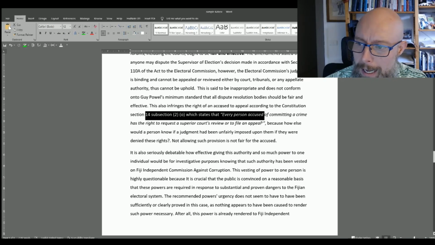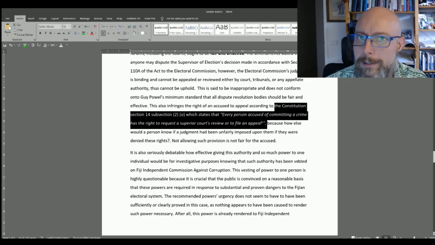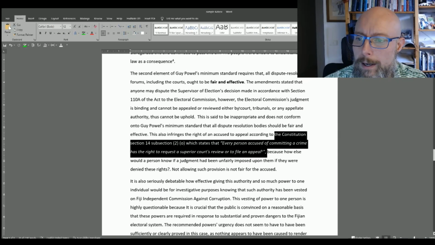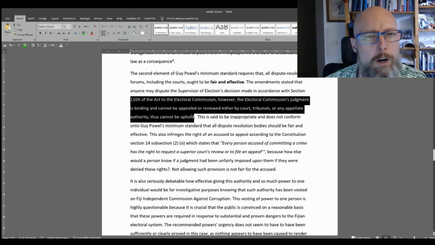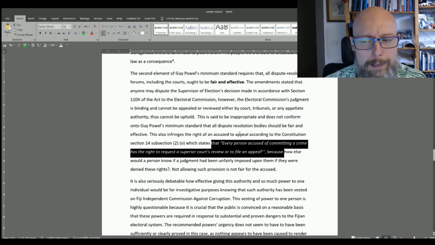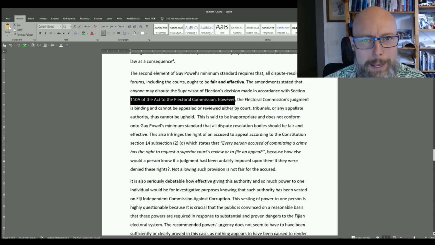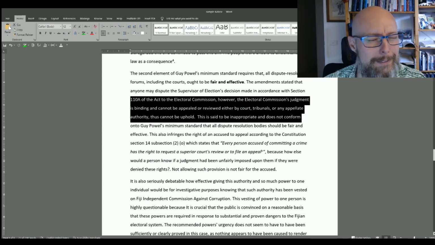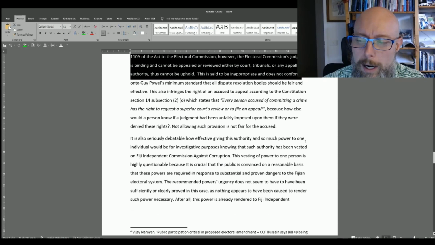As provided by this. So... anyone may dispute, however, the judgment is binding and cannot be appealed. So they haven't quoted the text from there, but they've quoted the text from there. What I want to see is the text from there saying this, because something doesn't sit right.